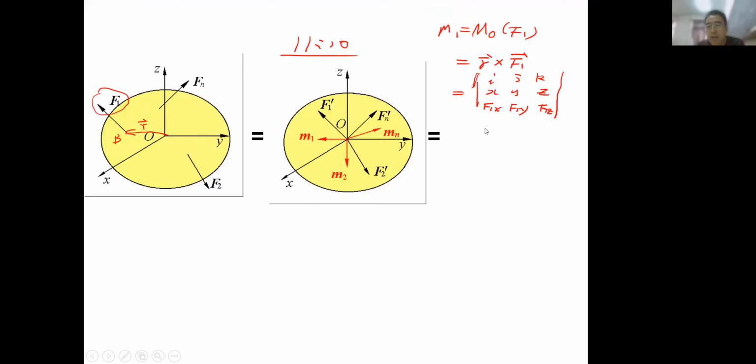That's how we get the real magnitude and real direction of F1. And when we try to move F2 from this point to this point, then we should add M2. So we do this one by one.